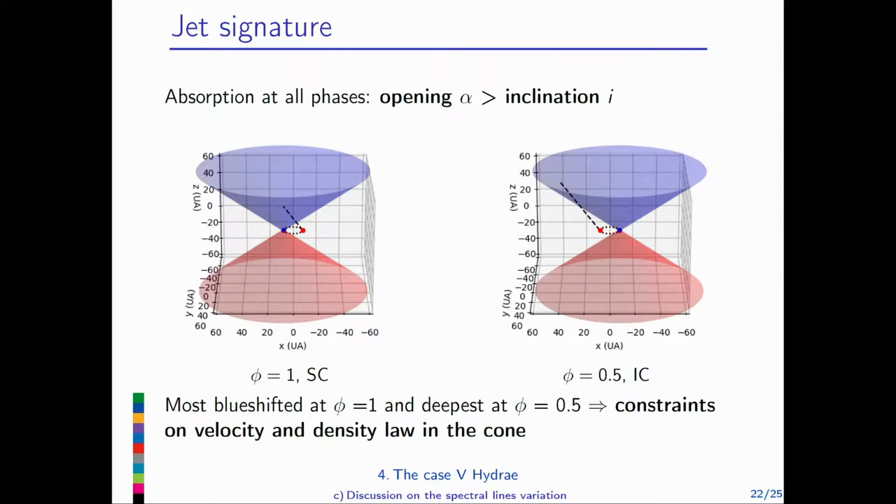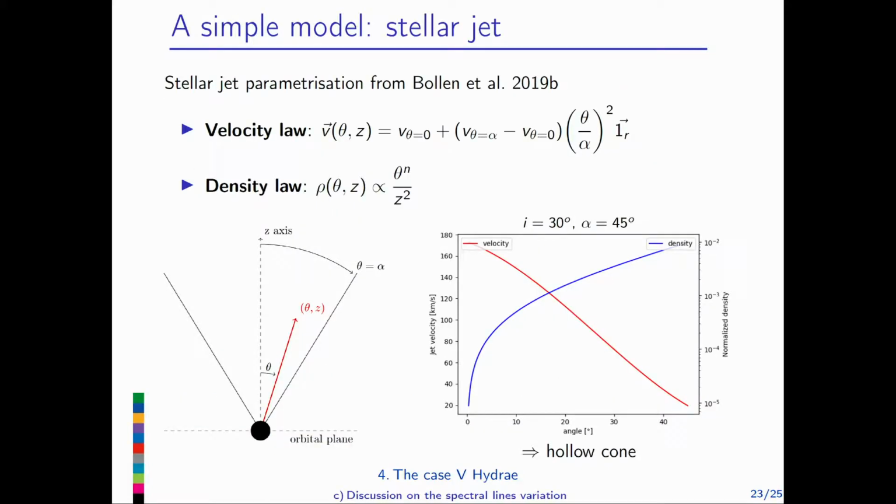So just to give us a simple kinematic approach, we can look at the most simple model, the stellar jet. So here you have a schematic representation of the cone. Each point in the cone is represented by its coordinates theta and z. We have that kind of velocity law and density law.